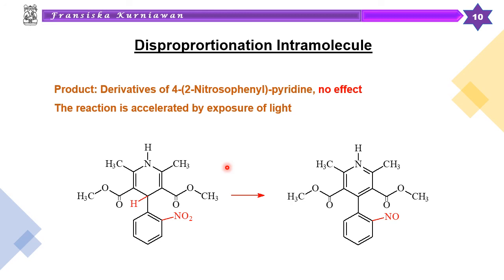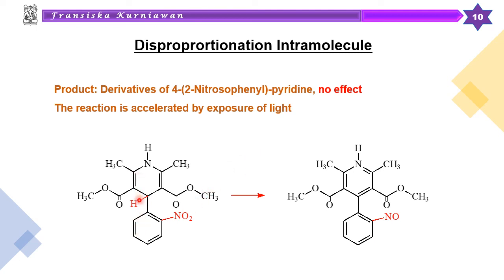Or if you see in the chemicals, sometimes you must put it in a brown bottle or keep it protected from light. So you give aluminum foil to protect it or something like that. So this is the example.